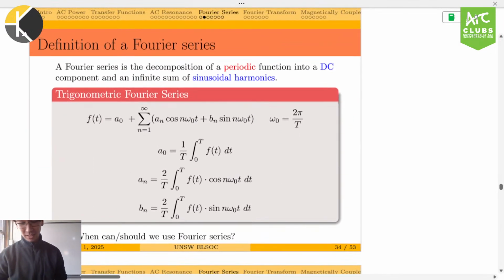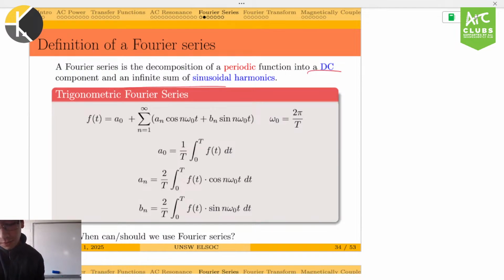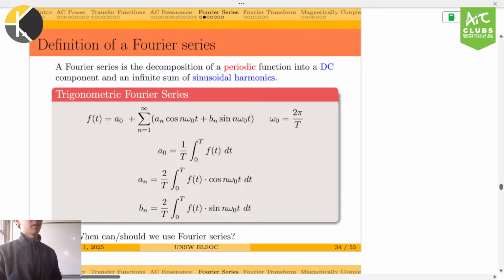All right. So jumping into Fourier series. The Fourier series is essentially a way of describing any sort of time varying signal as a sum of a DC component and an infinite sum of AC components. The reason we want to do this is so that we can use phasor analysis to apply this to circuits.